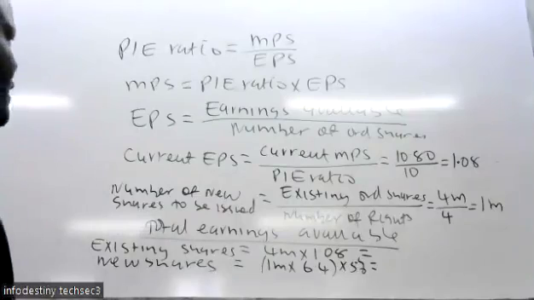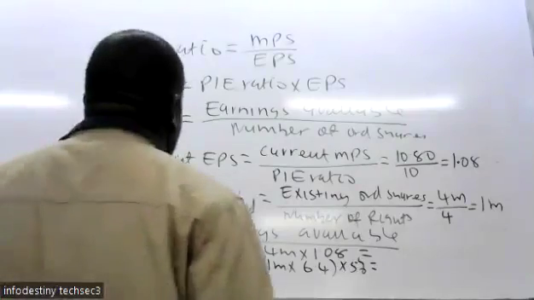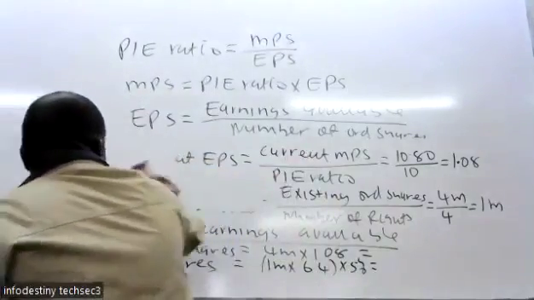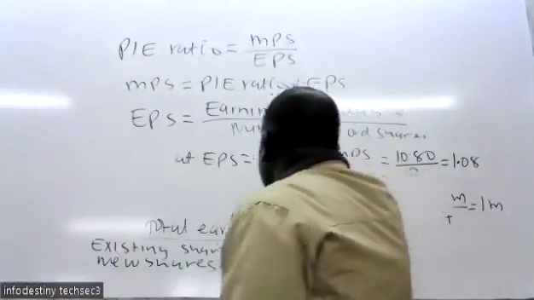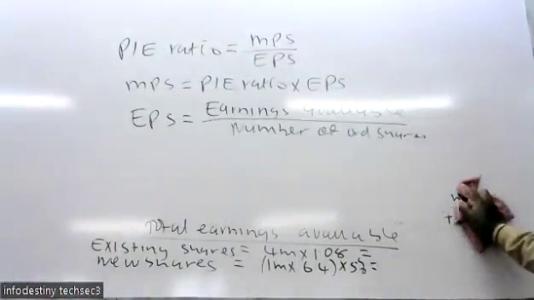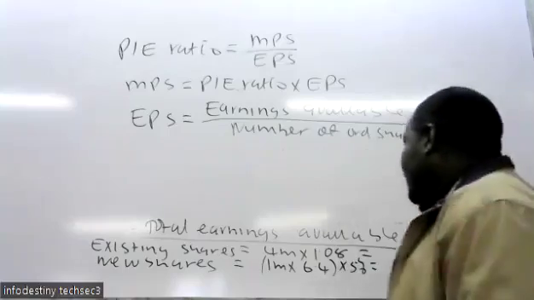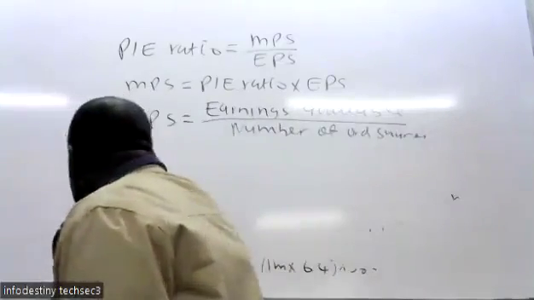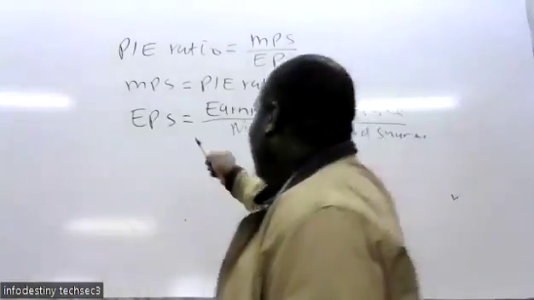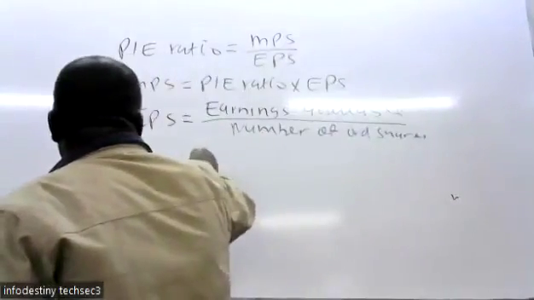Once you have added them together, we should now calculate the earnings per share after the rights issue.